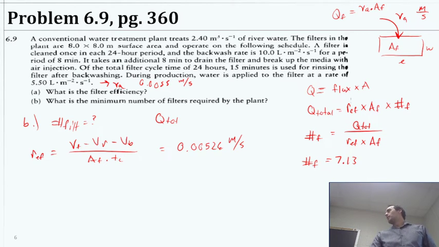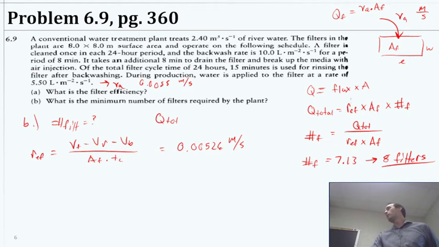Instead, we're going to install one additional complete filter. So we have to round this up to 8 filters in order to satisfy the design criteria.